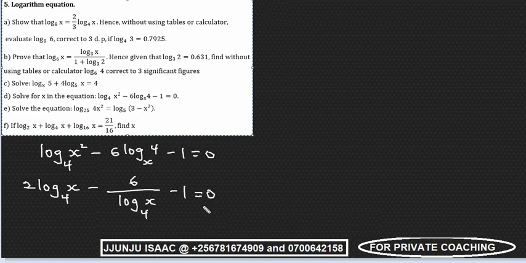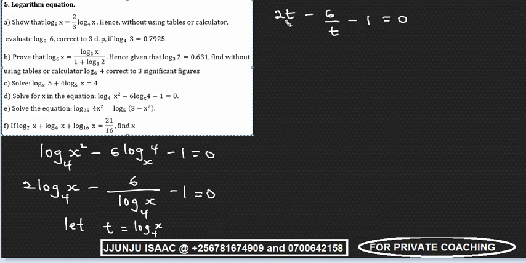And now you can easily see that our log base 4 of x is common here. I can let it be a given letter. Let t represent log base 4 of x. So we shall get 2t, because this is twice log base 4 of x, so 2t minus 6 over t, then minus 1 equal to 0.